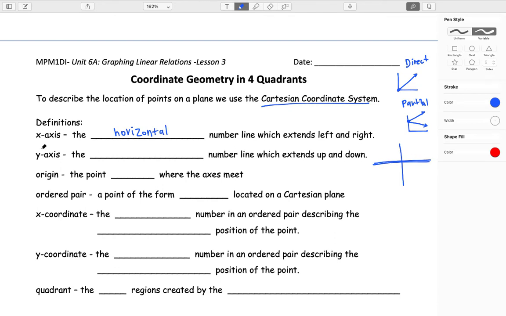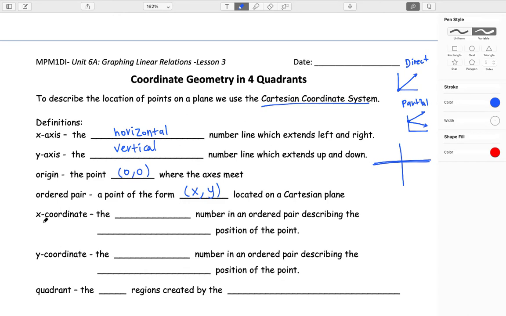The y-axis, on the other hand, is the vertical line which extends up and down. The origin is the point where x and y are 0. An ordered pair, a point of the form (x, y), is always in alphabetical order, x, comma, y, and it is located on a Cartesian plane.